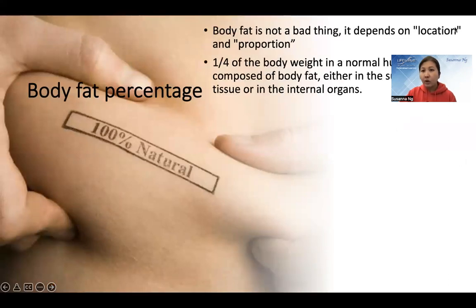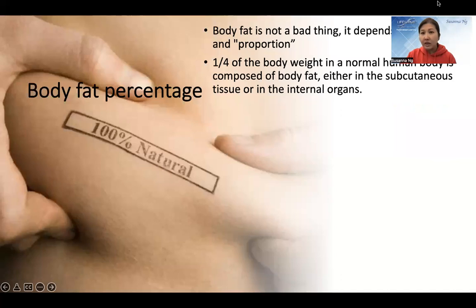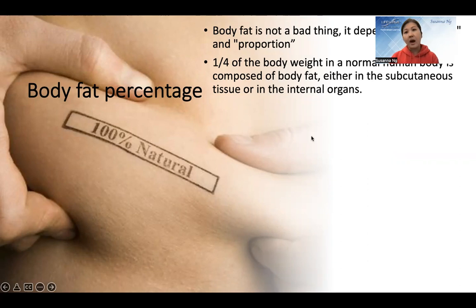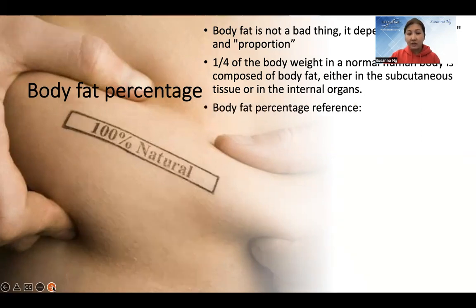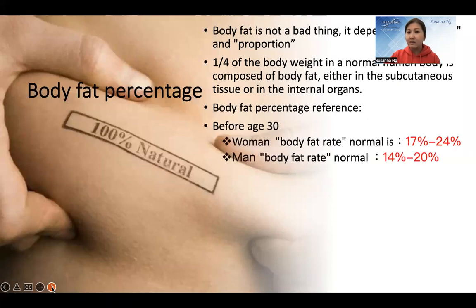One quarter of the body weight in a normal human body is composed of body fat, either in the subcutaneous tissue or in the internal organs. The body fat percentage is referenced as follows. Before age 30, a woman's body fat normally is 7% to 24%, and a man's is 14% to 20%.